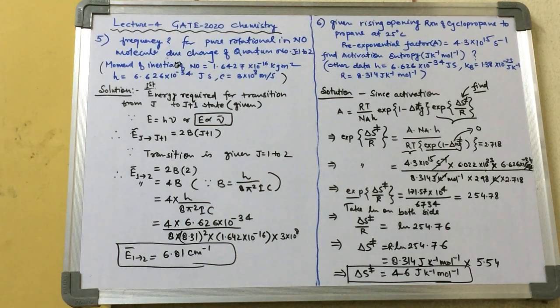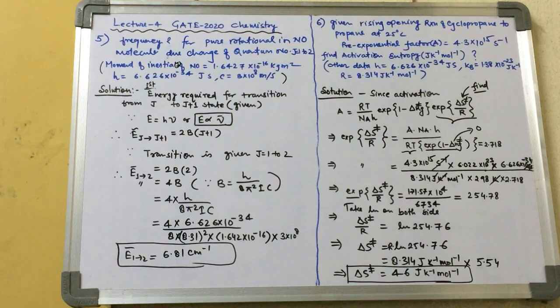So question is, for the ring opening reaction of cyclopropane to propene at room temperature 25 degrees centigrade, the pre-exponential factor is 4.3 into 10 to the power 15 inverse seconds. The entropy of activation, which is in joule Kelvin mole inverse, rounded off to decimal places, is. So here we have to find the activation entropy.